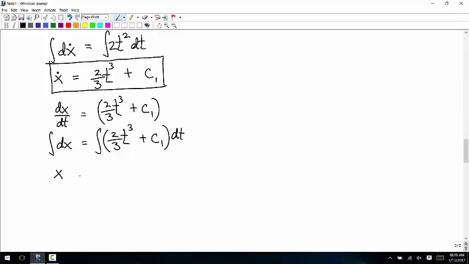And you get that x is equal to 2/12, or 1/6, t to the 4th plus c1 t plus c2.